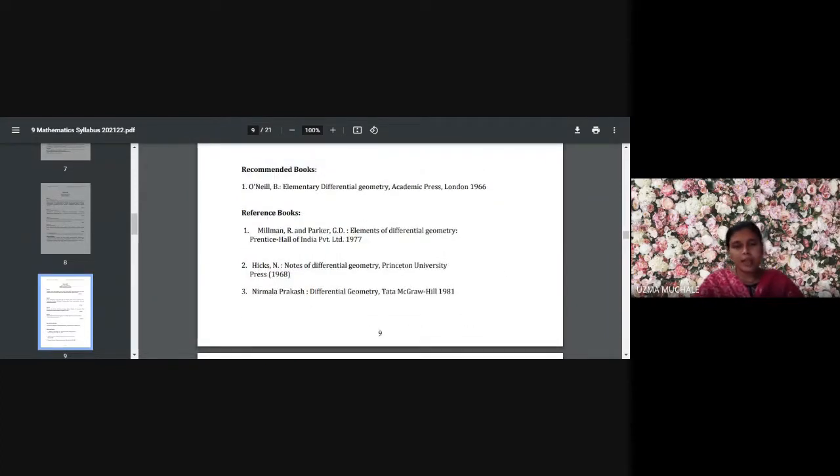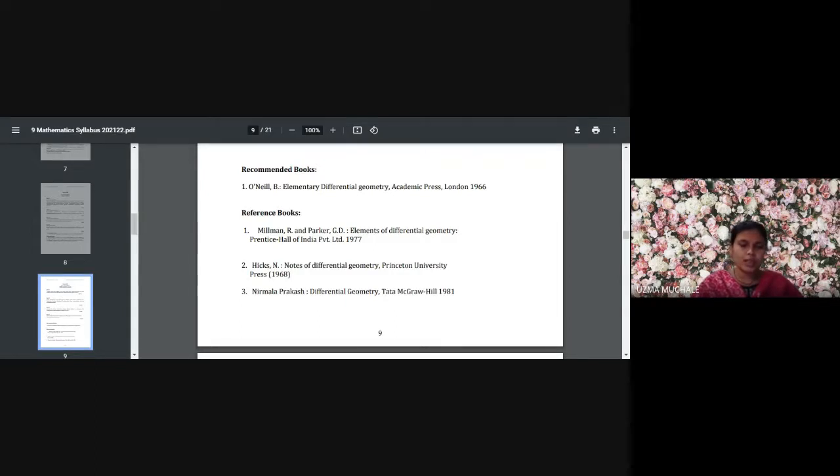The recommended book for this is O'Neill B., Elementary Differential Geometry. This is a book given to you as a recommendation. The other reference books are also there, but I suggest following O'Neill B. because many figures, geometric interpretations and detailed descriptions are given, some of the examples are solved, and theorems are also given in detail.